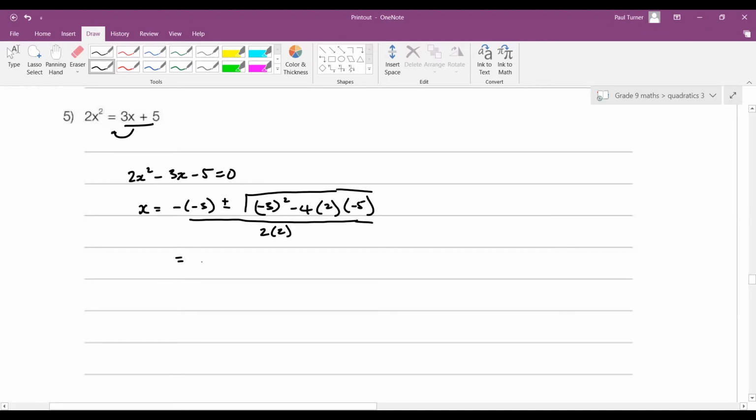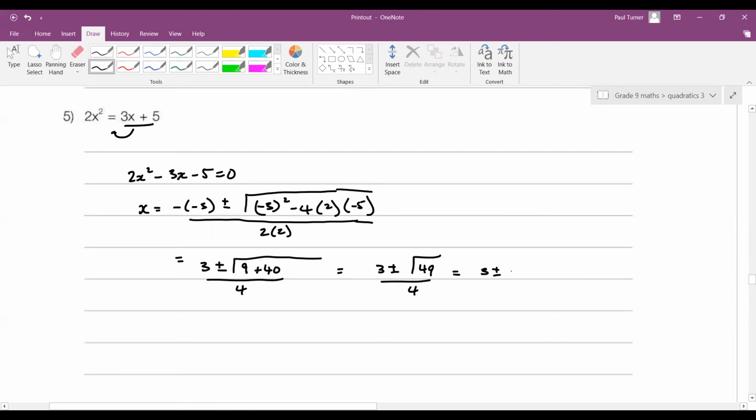Okay, so that's going to be 3 plus or minus the square root of minus 3 squared is 9. 4 2s are 8, 5 8s are 40, plus 40. So you get 4. 9 plus 40, that's 49. So 3 plus or minus root 49 on 4.